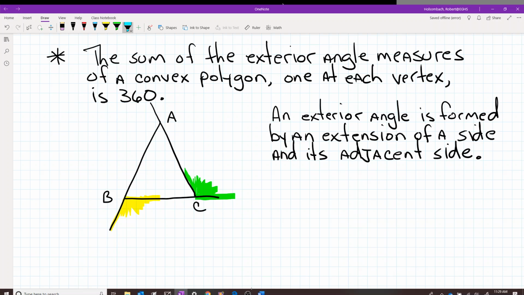The extension of side CA and side AB form this third exterior angle. Yellow plus green plus blue equals, that's a question, 360. Very good. That's one exterior angle at each vertex. The sum of the exterior angle measures of a convex polygon, one at each vertex, is 360.